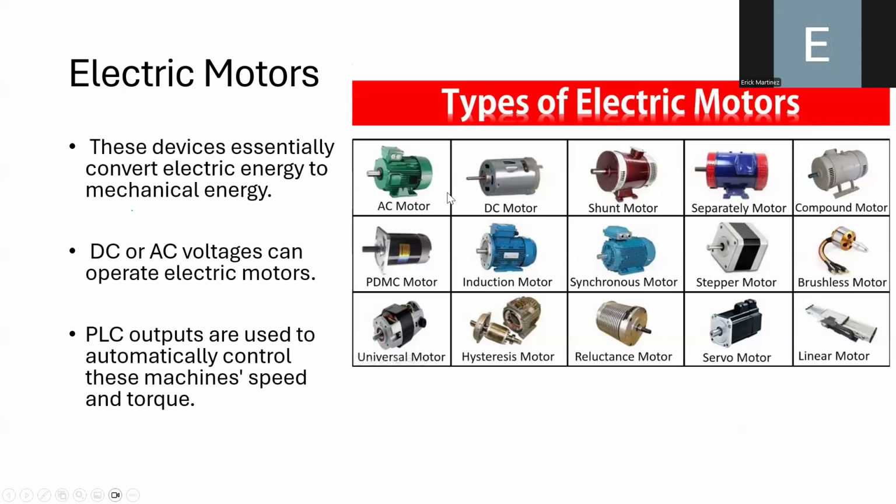The most important part to understand about electric motors is that they are basically converting electrical energy into mechanical energy. We can control these devices by generating an electrical signal from the PLC. Based on the activation of that electrical signal, we can make the motor start turning, or start rotating its shaft in order to produce certain movement in the system.